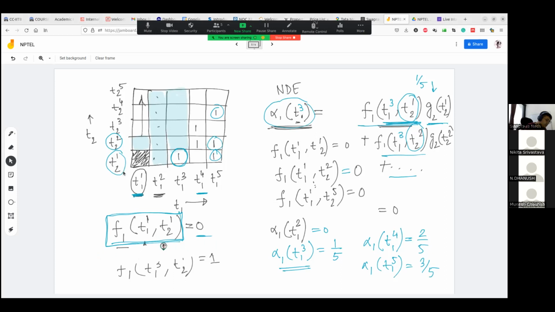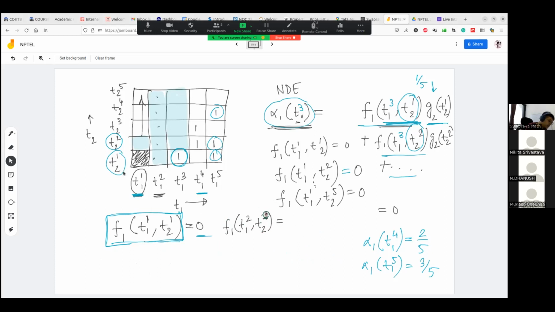This part is 0, I know, and similarly F1(T1,2, T2,1) is also 0. I'm holding player 2's type fixed at T2,1, focusing only on this type of the other player. Then F1(T1,3, T2,1) is 1, so still no problem with the monotone non-decreasingness.